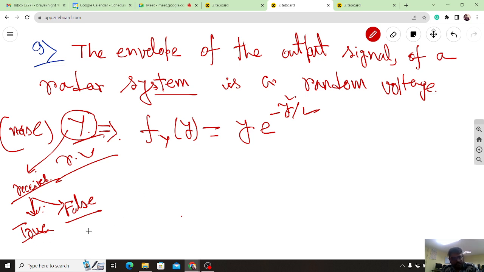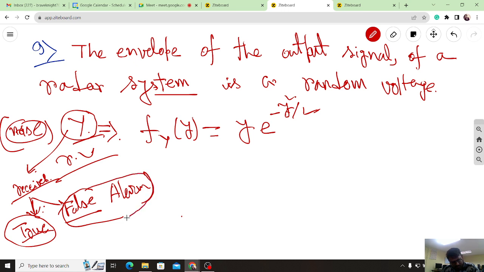The signal came and the radar gives us the notification that some signal it has received. That is the true case. Another case can be, because there is noise, there could be a false alarm. There is actually no target, but the noise triggers the receiver output threshold, and it says there is a target, but that is a false alarm.